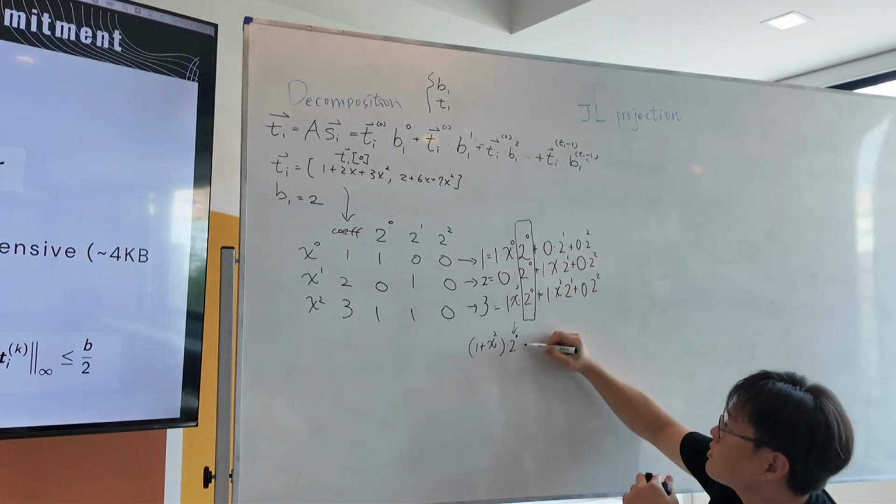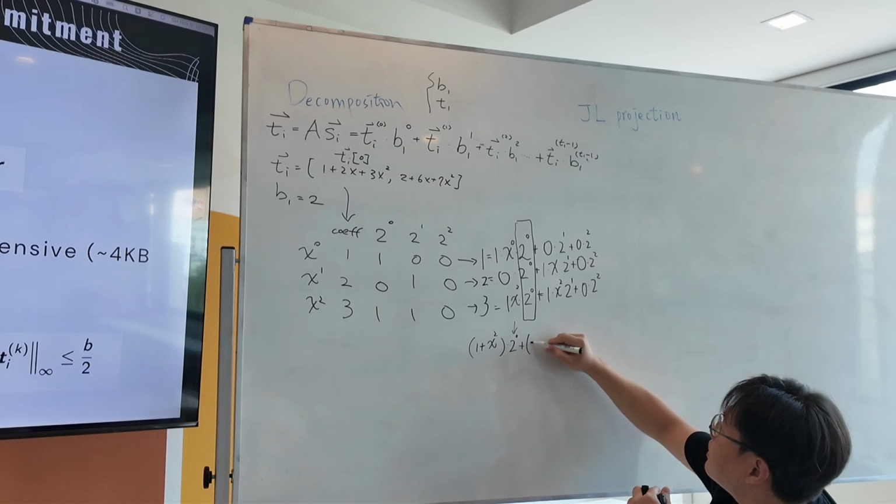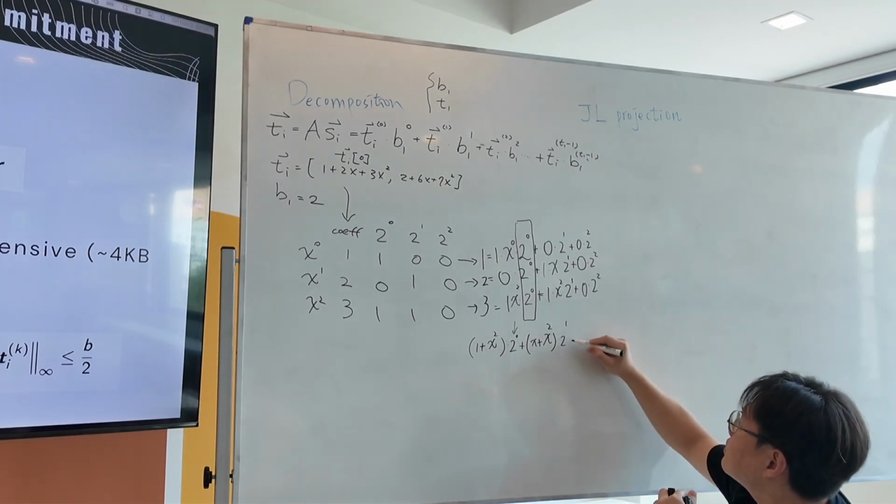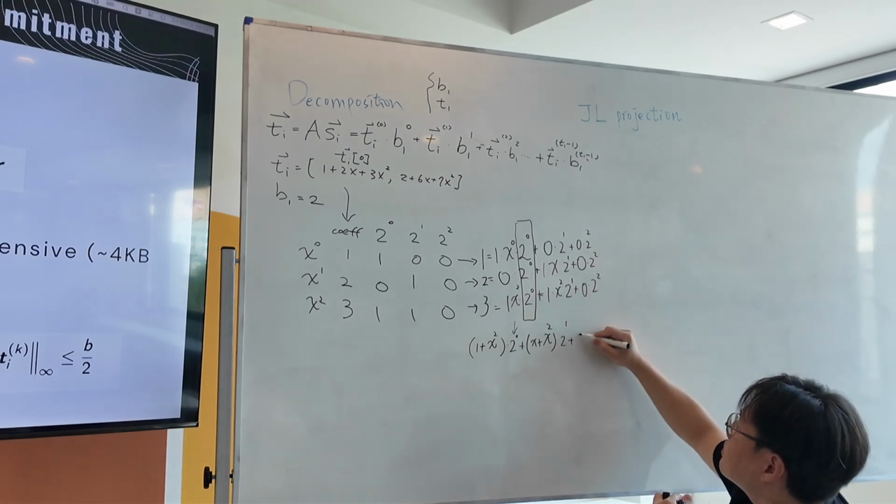And here we can also get 1, x plus x squared to 1, and this is 0.